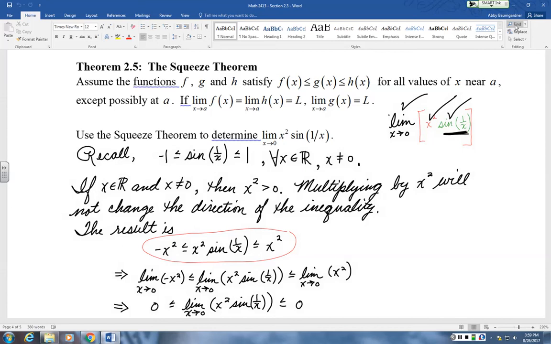And the only way that this can be a true statement is if the limit is also 0. Remember, those triangular dots mean therefore. And we would say by the squeeze theorem.